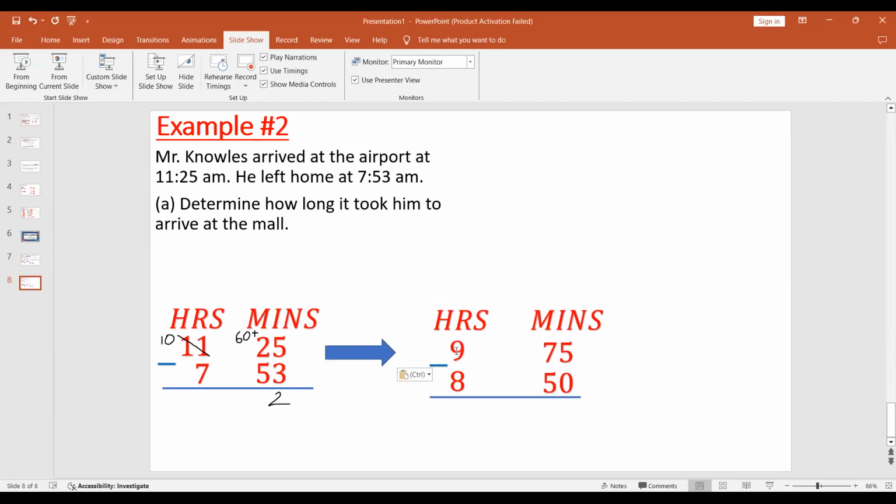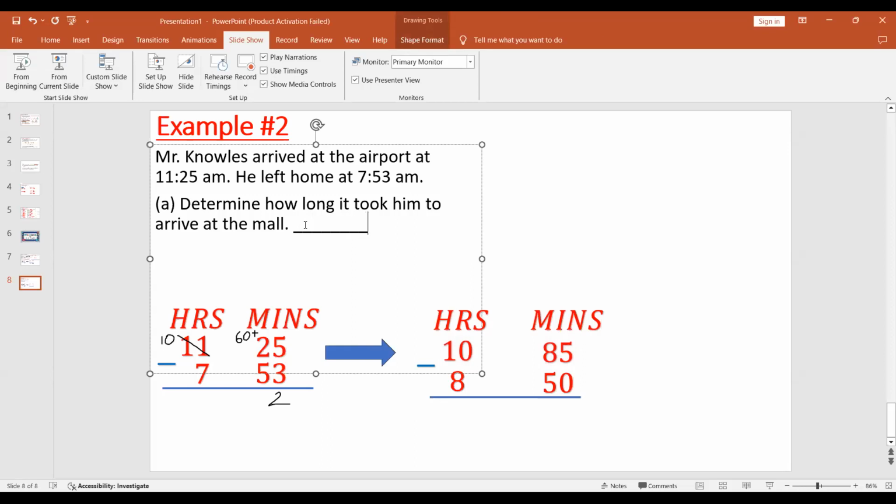This is going to become, it was 11, so it's going to become what now? 10. Very good. And this one was 25, but it's going to become what? 85.